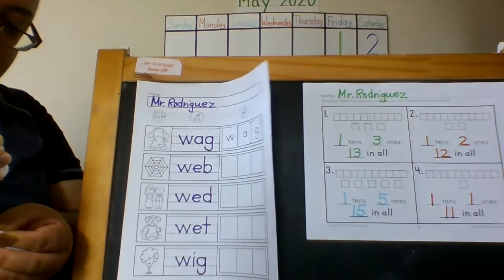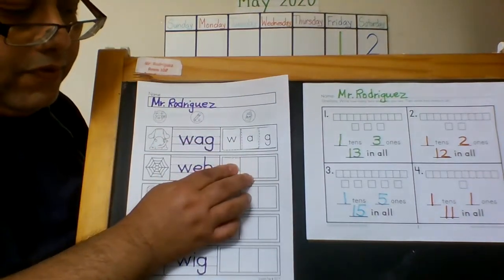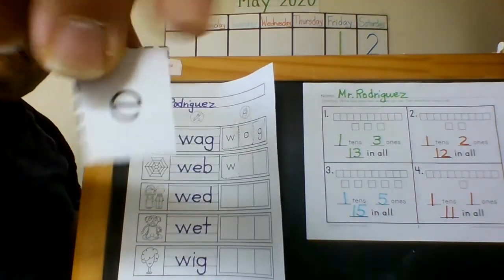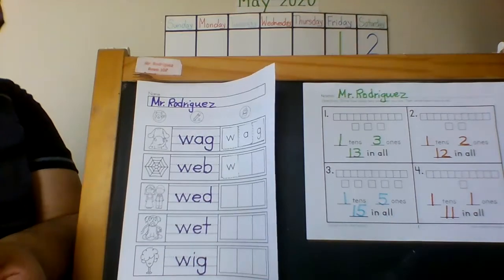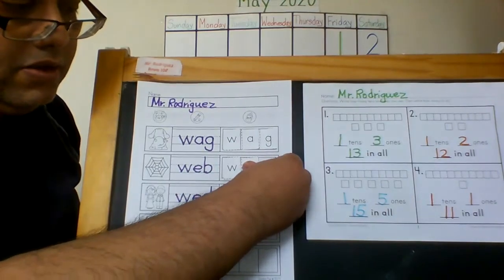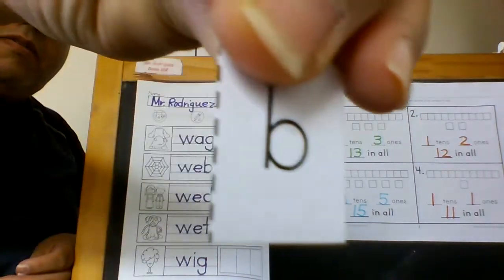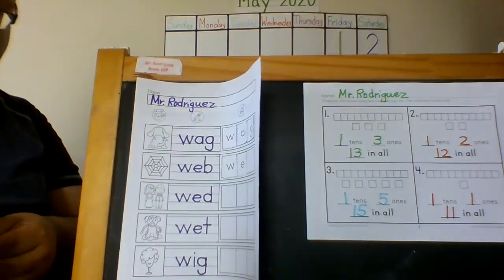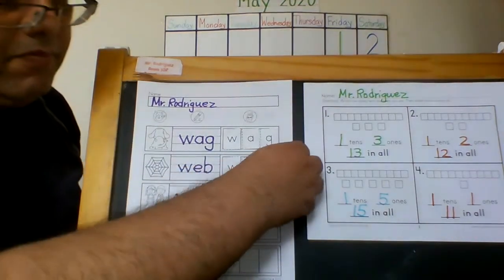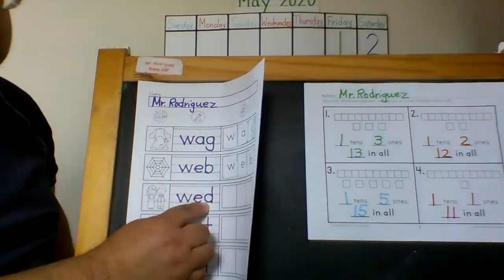Let's spell the next one. Web. W, E. Press with your thumb or your finger. And B. B as in boy. Okay, and you press. Now wed is with E, with D at the end.